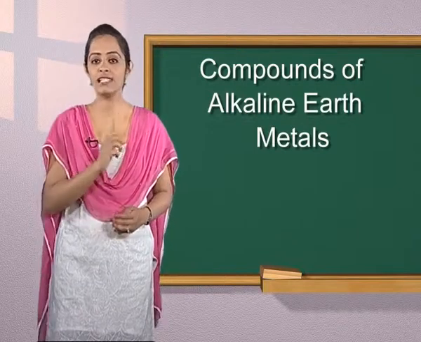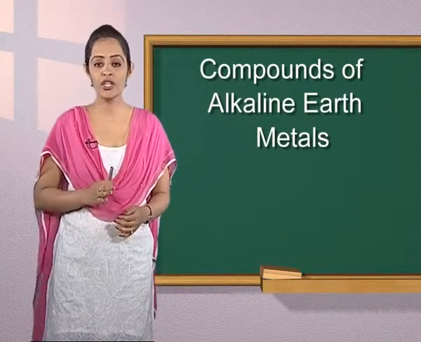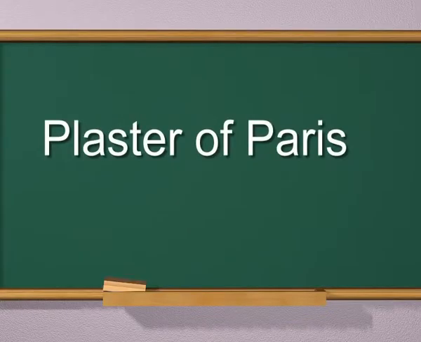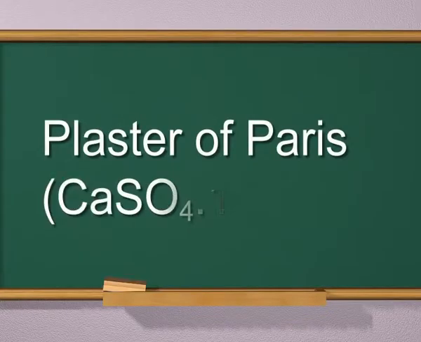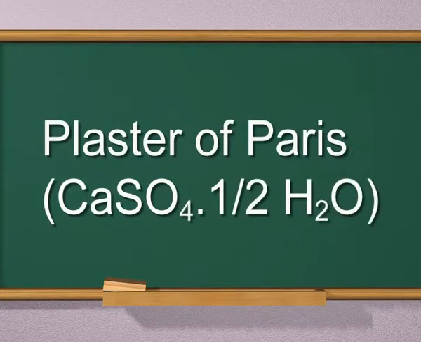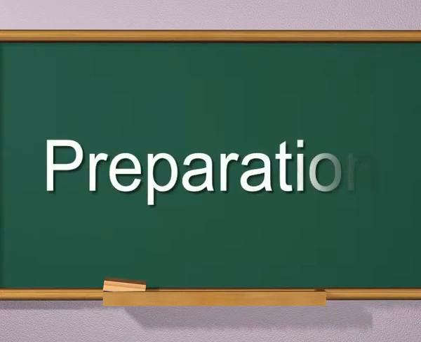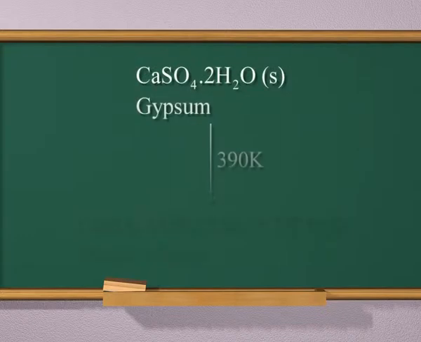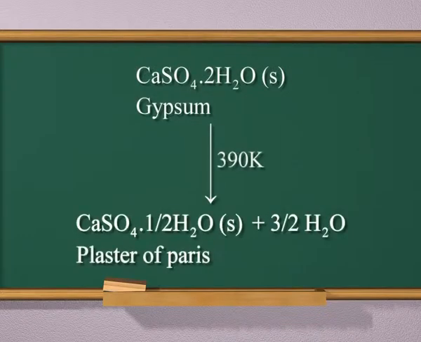Children, let us now learn about preparation and properties of plaster of Paris, represented as CaSO4.½H2O. Let us begin with its preparation. Plaster of Paris, as we learned a few minutes ago, is prepared by the partial dehydration of gypsum at 390 Kelvin.